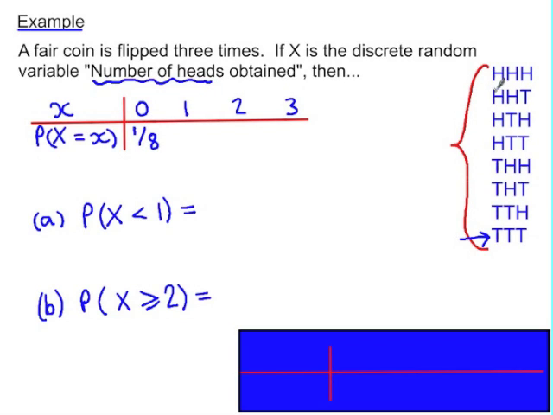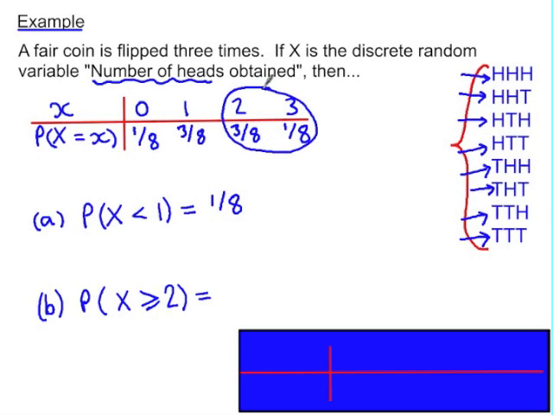To obtain 1 head, that's 3 out of 8. To obtain 2 heads, also 3 out of 8. And to obtain 3 heads is just 1 out of 8. So the probability that x is less than 1 means that x must be 0, is 1 out of 8. The probability that x is greater than or equal to 2 means that x is 2 or 3, 4 out of 8.